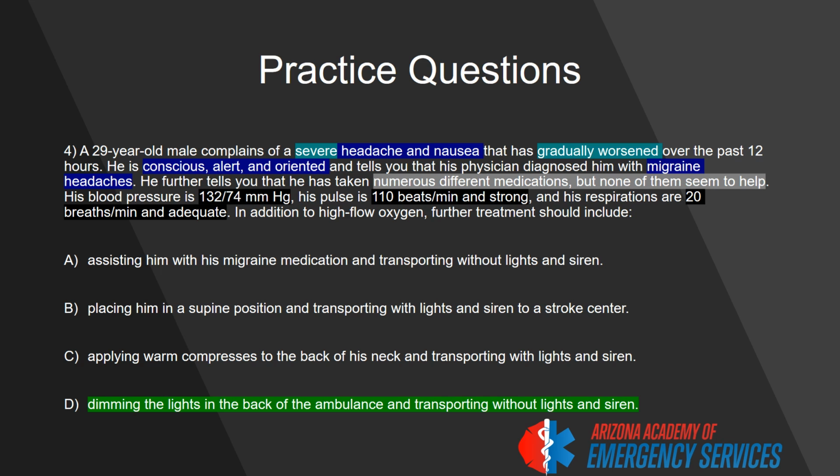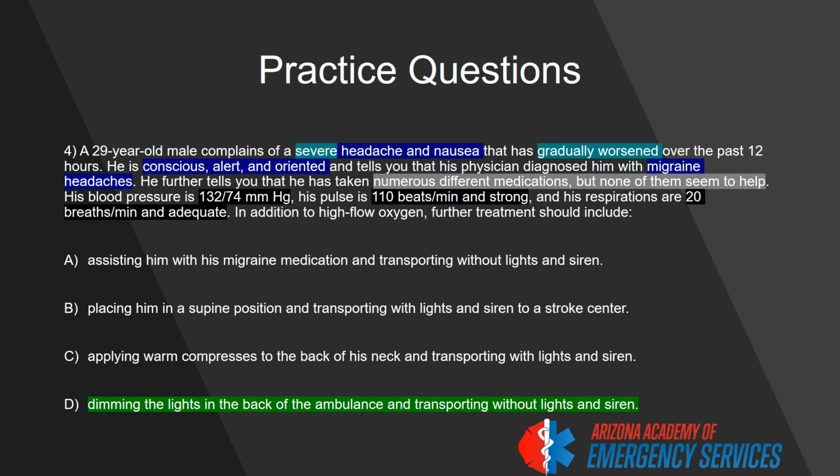Answer option B, placing him in a supine position and transporting with lights and sirens to a stroke center. So placing him in a supine position is neither right nor wrong. Ultimately, we would place the patient in their position of comfort, and of course the patient would be able to relay that to you, whatever their position of comfort is. So placing them supine isn't necessarily wrong.